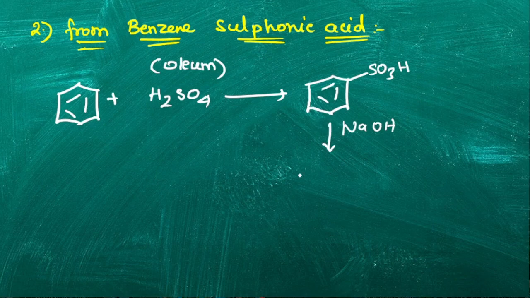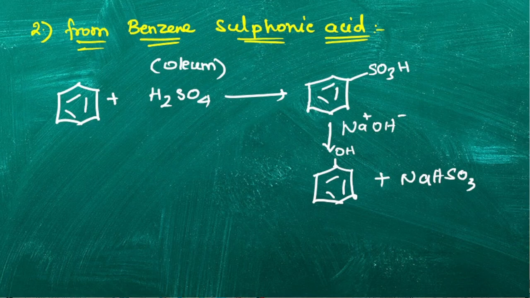So you are going to get the benzene ring with OH attached, plus, see, Na plus OH minus also you can keep. That will be getting replaced over here. So this is plus, this is minus will be getting attached over here. And plus NaHSO3 will be produced. Clear?